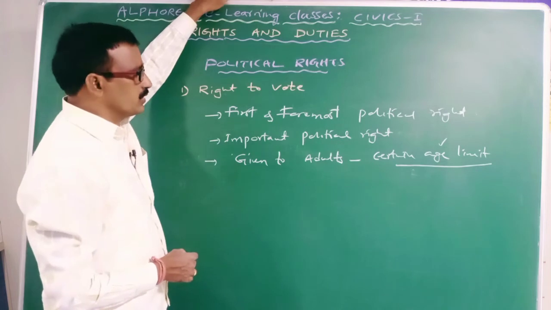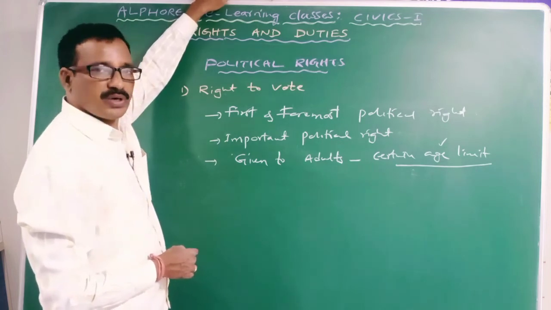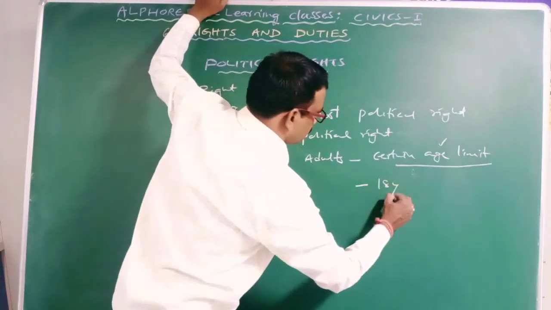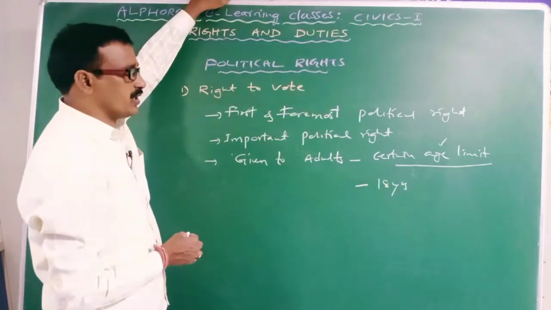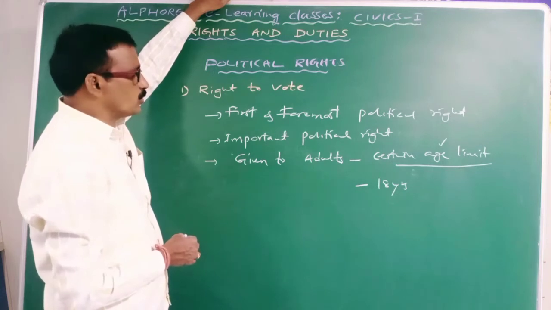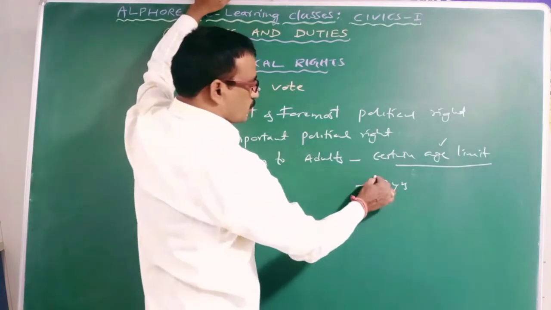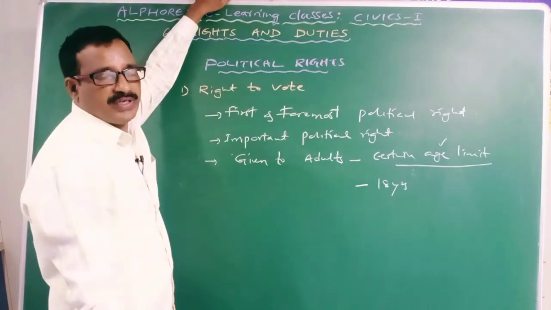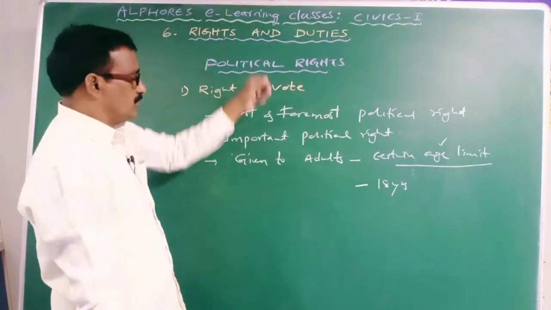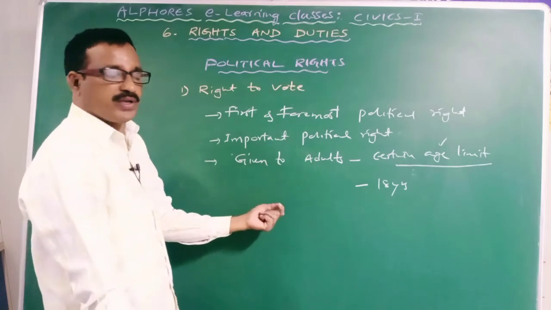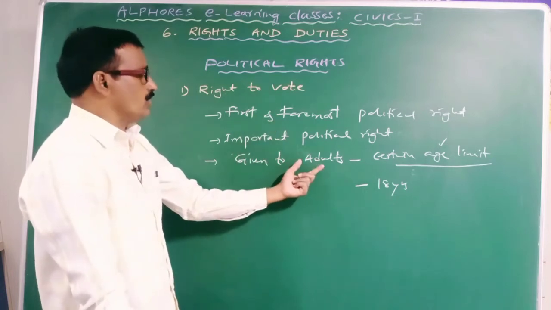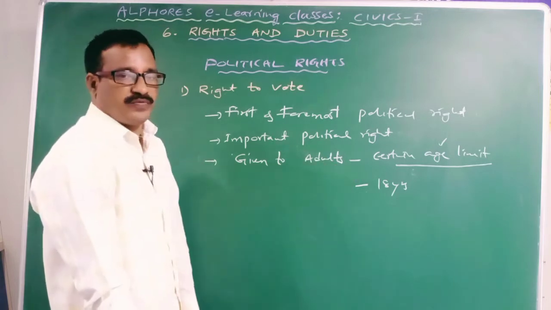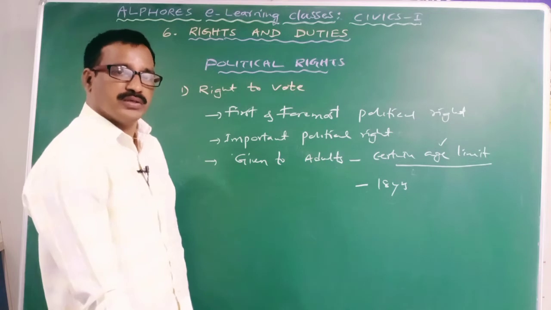The age limit in India is 18 years. Our Constitution of India provides the right to vote to all adults who cross 18 years, both men and women, without any discrimination.